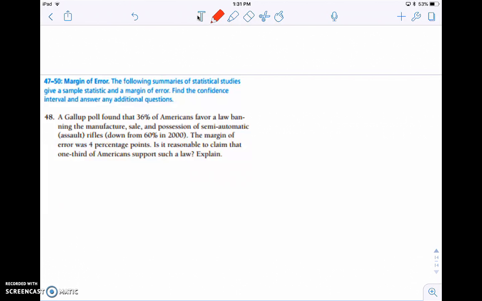A Gallup poll found that 36% of Americans favor a law banning the manufacture, sale, and possession of semi-automatic or assault rifles. The margin of error was 4 percentage points. Is it reasonable to claim 1/3 of Americans support such a law? In the middle, we had 36%, and we had a 4% margin of error, so you would subtract 4% from 36, which is 32, and also add to it.